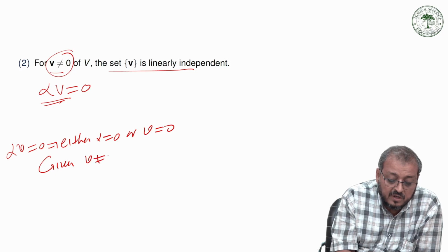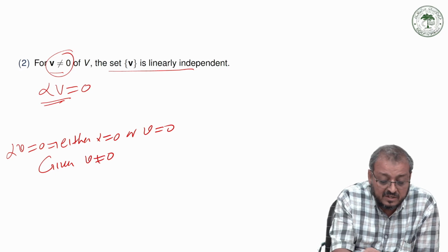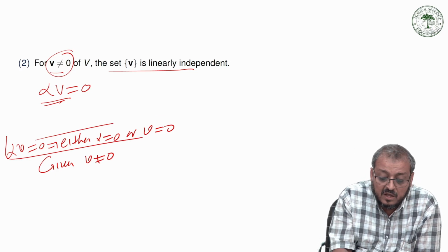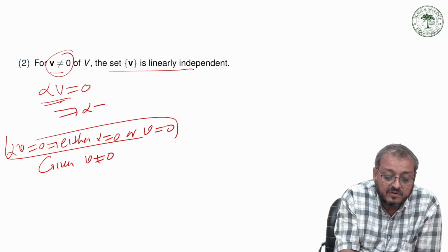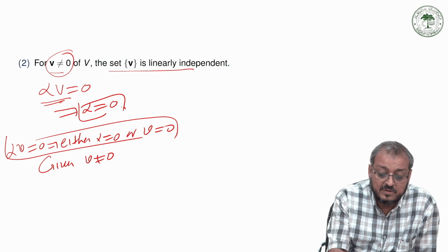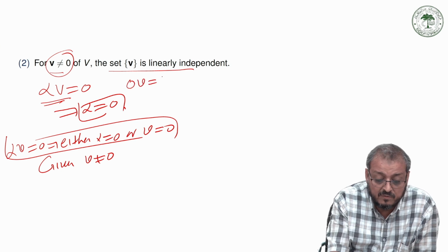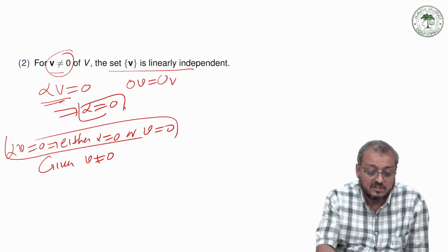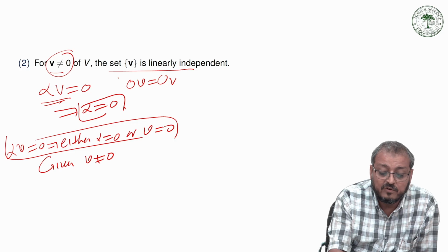This vector is a non-zero vector, so by this property the only possibility is that alpha is equal to 0, which is the trivial linear combination. Indeed 0 times V is always 0, which is also a property of a vector space.